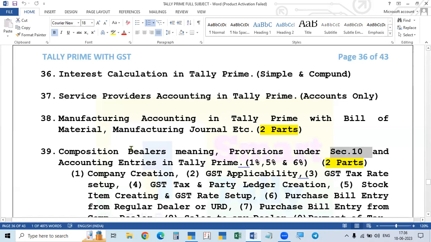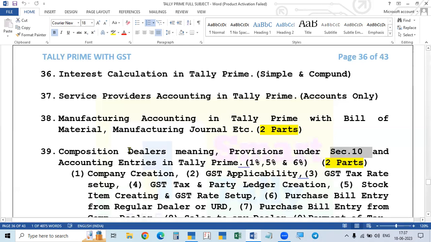So every dealer with a turnover of not more than 1.5 crore, 1 crore 50 lakhs, if their turnover is less than that, then they can register under the composition scheme.